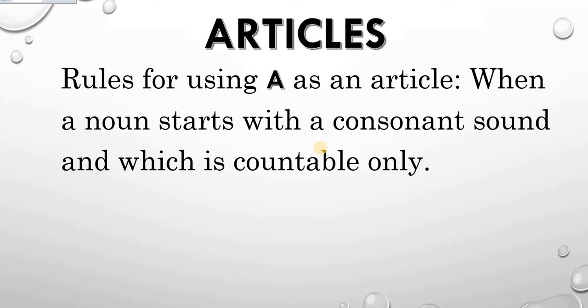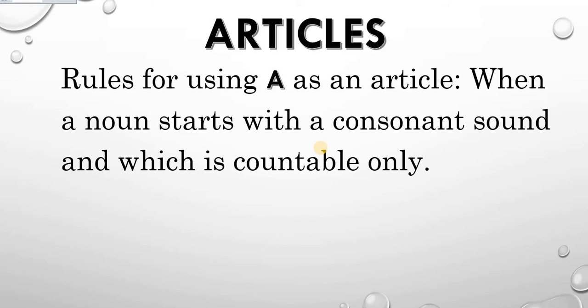Out of them B, C, D, F, G, H, J, K, L, M, N, P, Q, R, S, T, V, W, X, Y, Z are the consonant letters. But consonant sounds are, we say B, then K, D, F, G, H, J, K, L, M, N, P, K, R, S, T, V, X, like this.